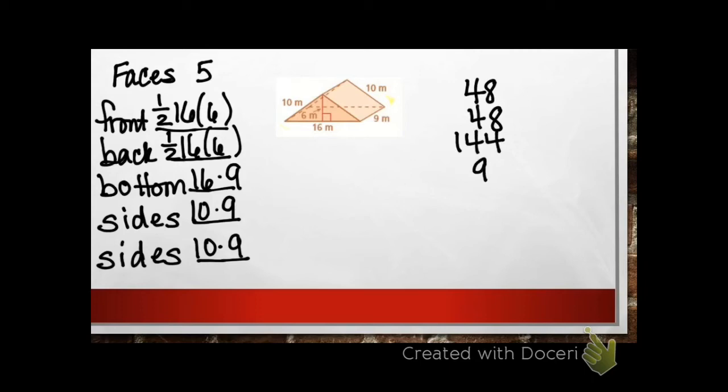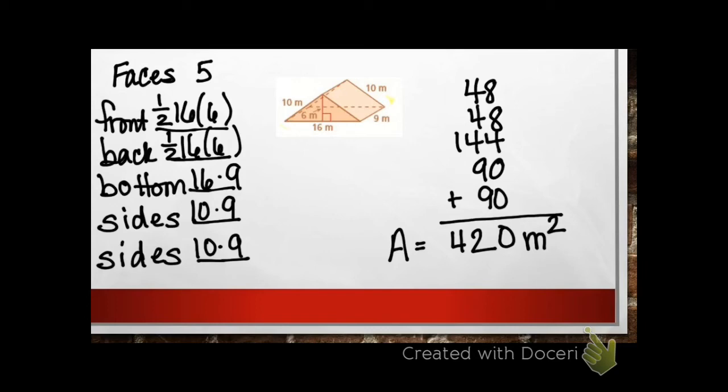And then 10 times 9 is 90, and I have that 2 times. Now when you add all those up, you're going to get 420 meters squared. So my area is equal to 420 meters squared.